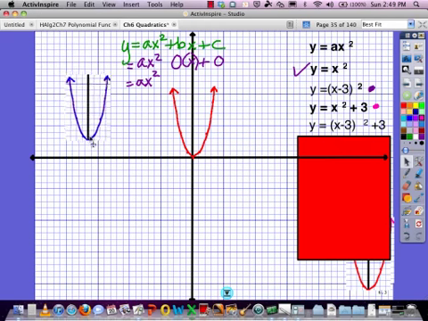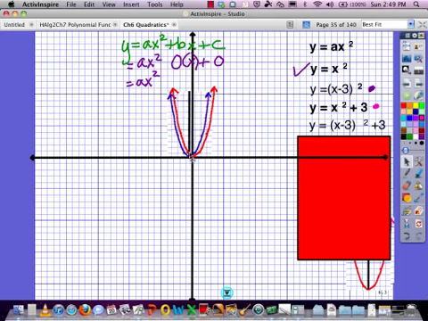So if we just do that math, well, it went 1, 2, 3 to the right the first time, and now it went 1, 2, 3 up. We're looking at a new parabola that is equal distance. The a value is still the same. It's still opening up. The width between the two branches is the same, but it is now 3 to the right and 3 up from where it was originally.